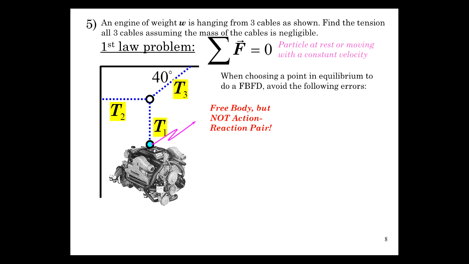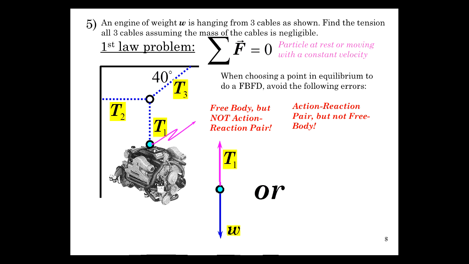Since it's ambiguous at the moment, consider free body forces, but not action-reaction pairs. So, for instance, the weight is acting on the engine. Very good. That's a free body force. Moreover, T1 acting on the engine is also a free body force for the engine, but it's not an action-reaction pair.